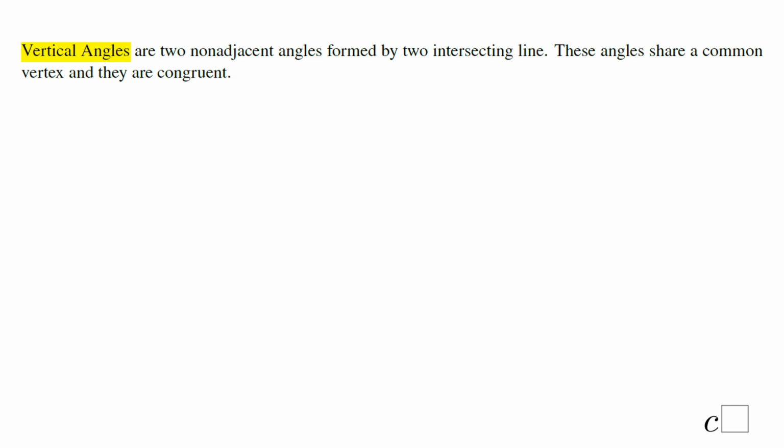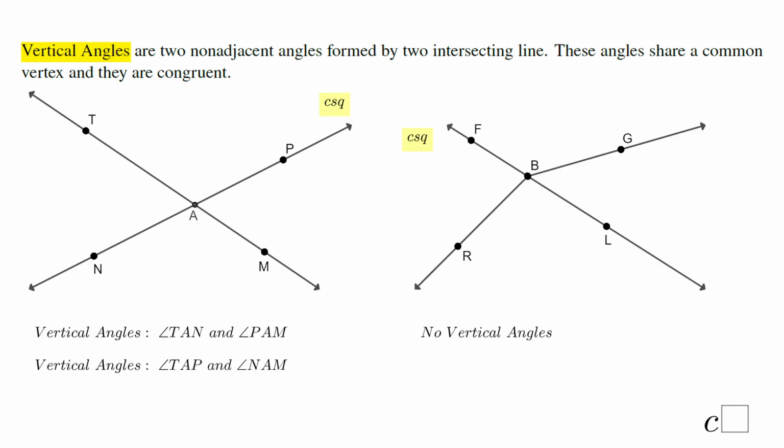Very important, remember this: vertical angles are formed by two intersecting lines. So you notice here we have two intersecting lines, the line TM and NP, and they intersect at point A. We have two pairs. One is TAN, right here, and PAM.